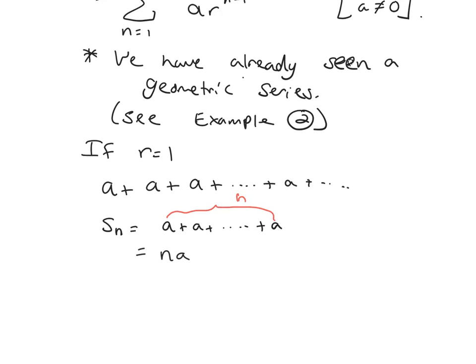And now we can look at this limit. Again, we're assuming A is not 0 here. A is just a constant, so you can pull that out of the limit.